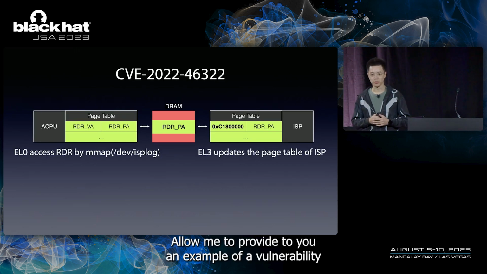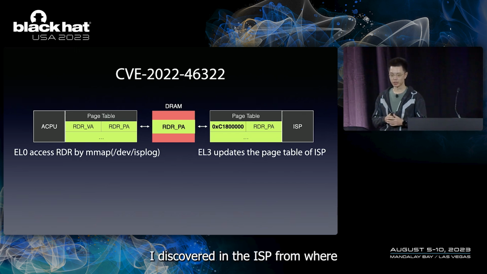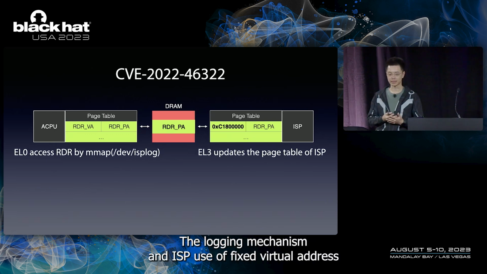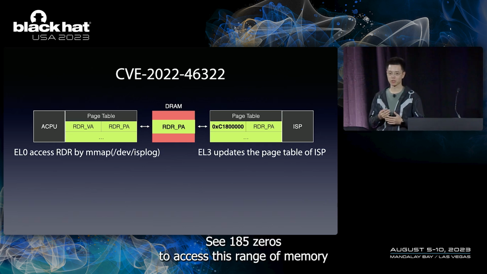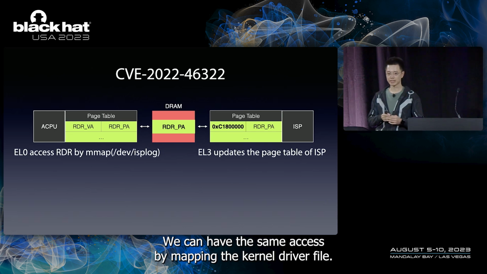Allow me to provide another example of a vulnerability I discovered in the ISP firmware. A range of physical pages is shared between ACPU and ISP to facilitate the logging mechanism. The ISP uses a fixed virtual address, C1850s, to access this range of memory. As an EL0 user application, we can have the same access by mapping the kernel driver file.